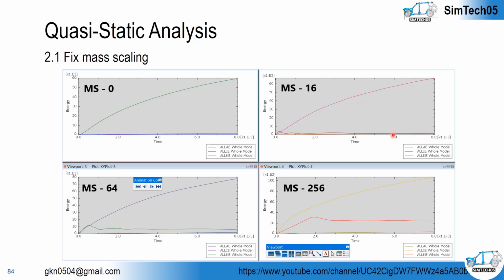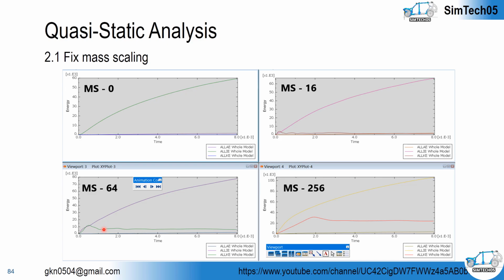Similarly, artificial energy also approaches 0. But in the third case, the kinetic energy is quite comparable, and in the fourth case, the kinetic energy is just half of the internal energy at the beginning of the simulation. Then it's constant, but still this result is not acceptable, because the kinetic energy is quite comparable.